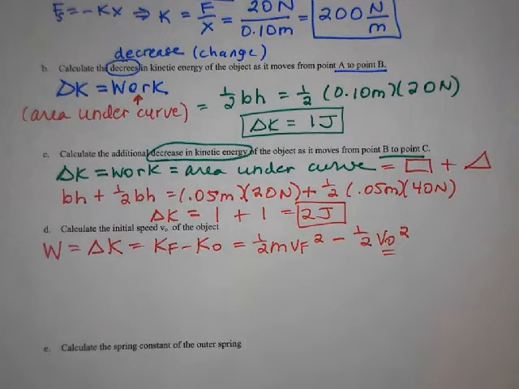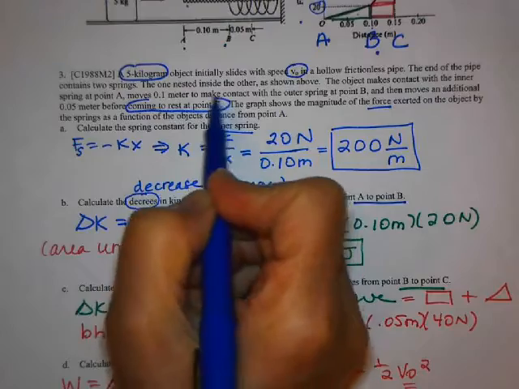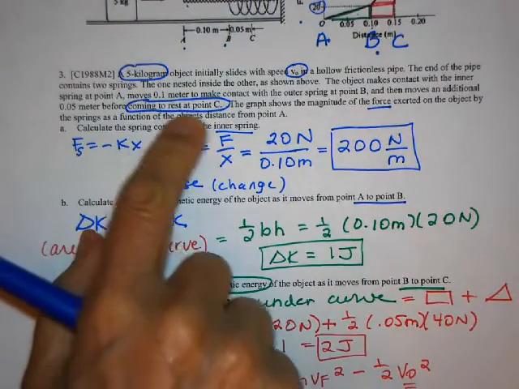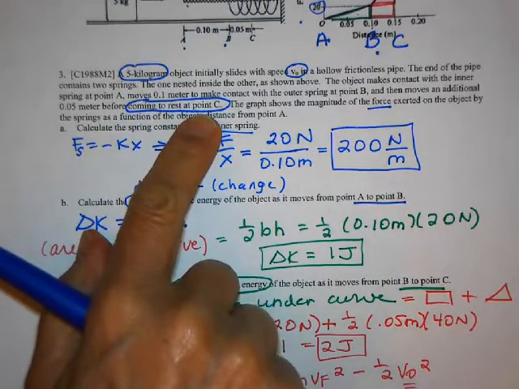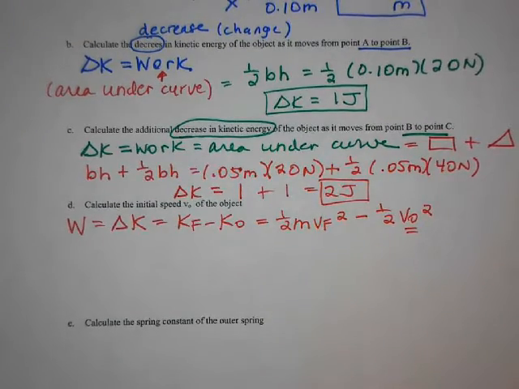for v naught. Now the key here is, I know the final velocity is 0 because it comes to rest. That's what I pull out of where it says coming to rest at point C. So when you read a problem, you really have to be careful, because some of these words mean something.